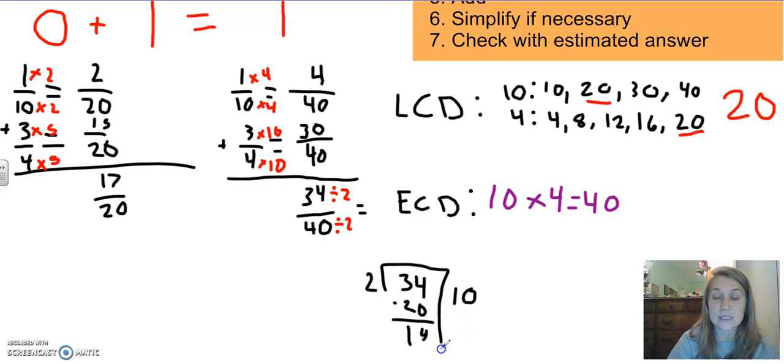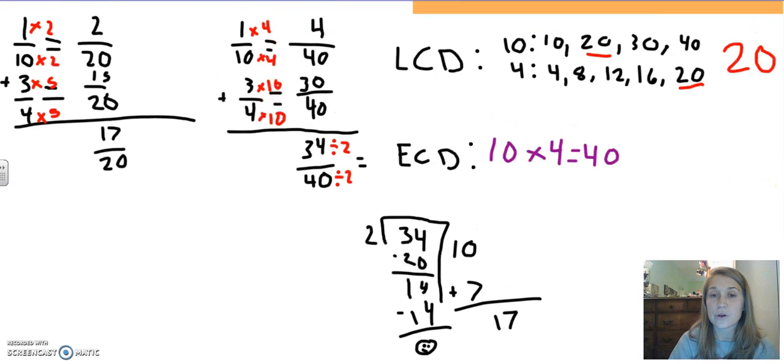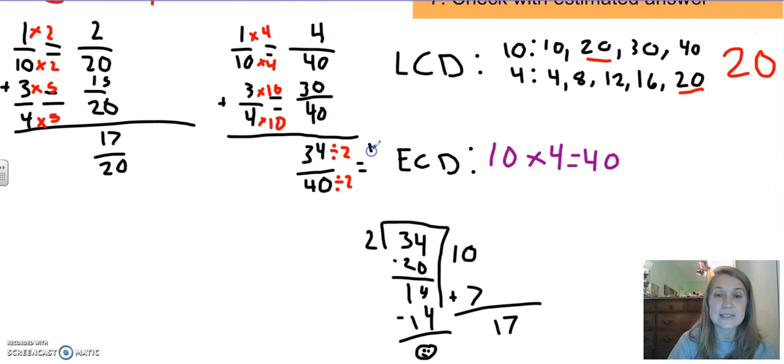Well, now I know this easy peasy lemon squeezy because 7 times 2 equals 14. Subtract it out, and that gets me to 0. Add up my partial quotients to get an answer of 17. So 34 divided by 2 is 17. 40 divided by 2 I already know, and that equals 20.